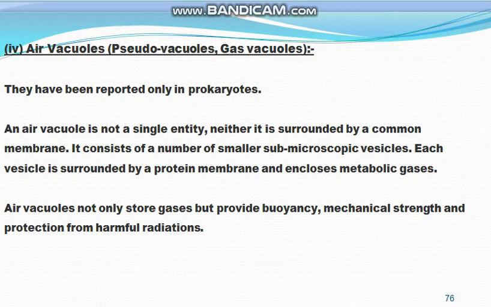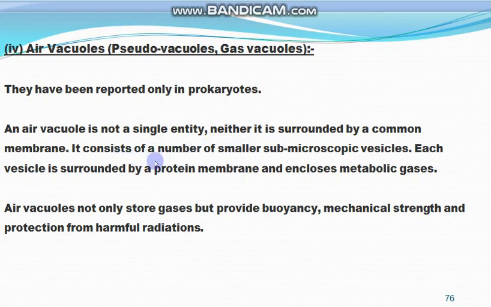Then the fourth or the last type of vacuole is the air vacuole, and it is also known as the pseudo vacuole or the gas vacuole, and these are present only in prokaryotes, that is the cells with a primitive nucleus. An air vacuole or gas vacuole is not a single entity, neither is it surrounded by a common membrane.